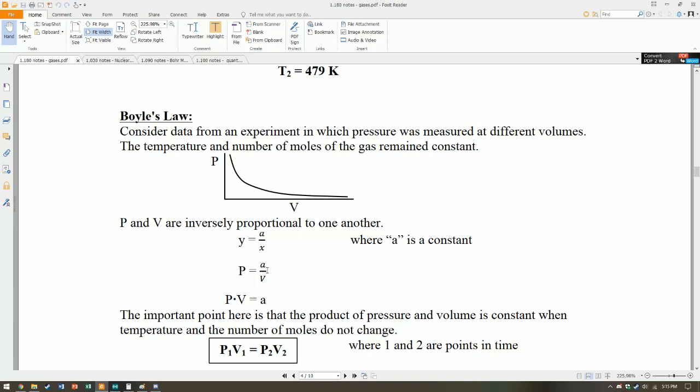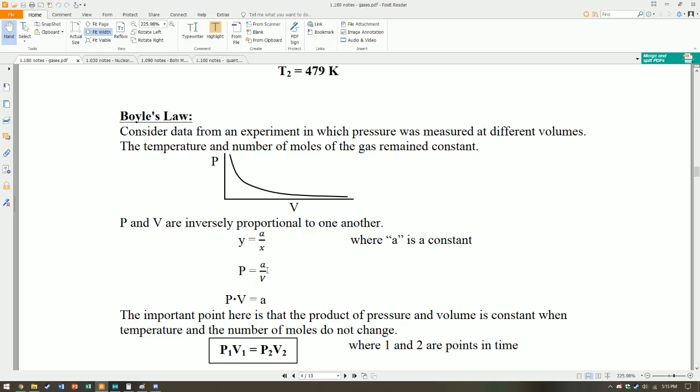And if you lower the volume, there's less space for the particles, and therefore they collide with the walls more often. The inverse is true too: if you give them more space, the particles will collide with the walls less often, resulting in less net pressure, because there's less force being exerted per unit time, since there are just fewer particles bouncing on the walls.